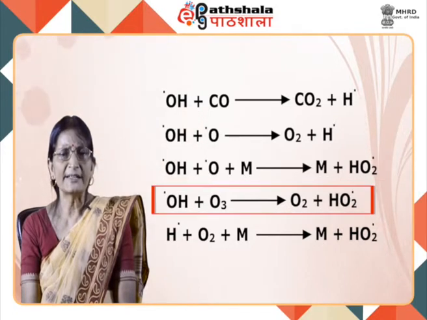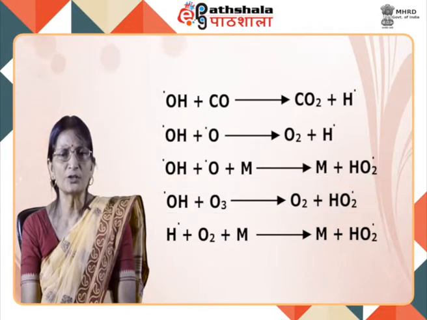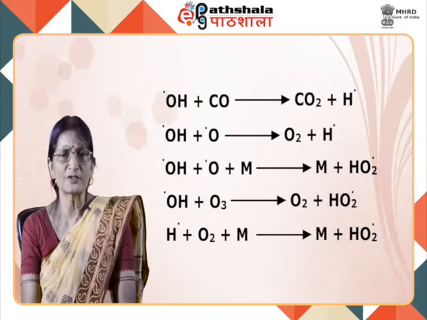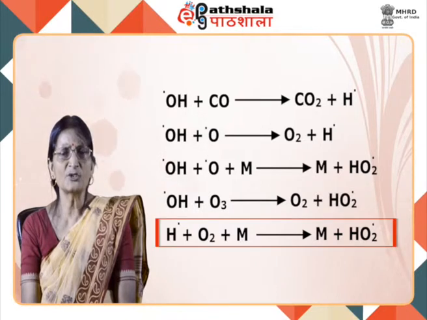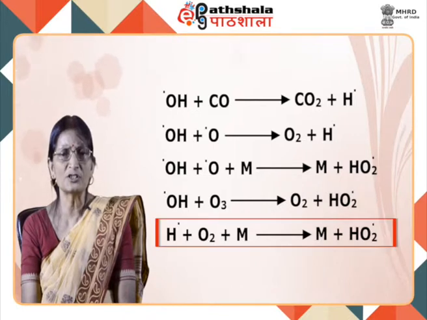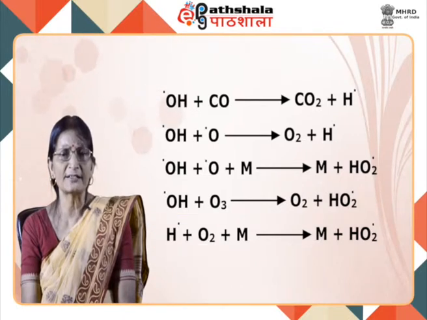A hydroxyl radical may also combine with ozone to give molecular oxygen and a hydroperoxy radical. Hydrogen atom may combine with oxygen atom in the presence of a third body to absorb the energy to give hydroperoxyl radical as well. So a large number of radicals and atoms can be produced rapidly by these reactions.